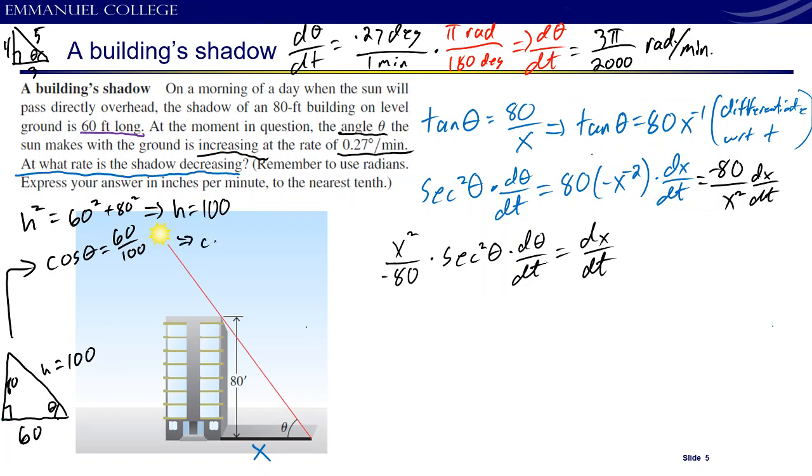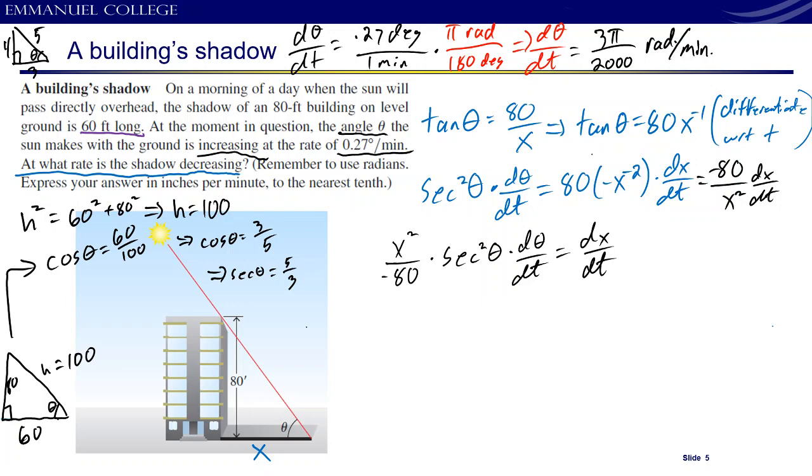So cosine of theta is just 3 over 5. And so if secant is 1 over cosine, that means that secant of theta is just 5 over 3. Just using those trig identities.